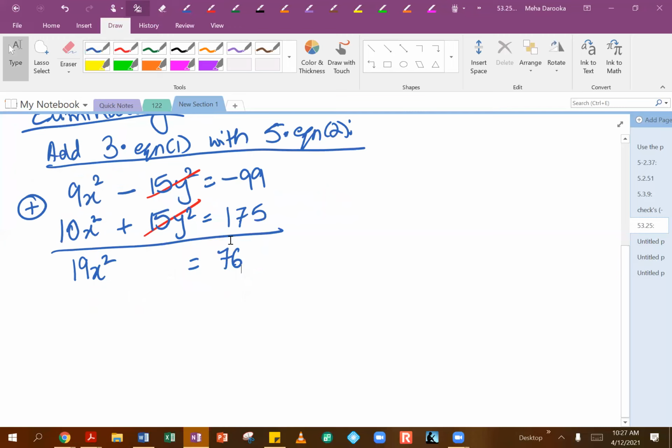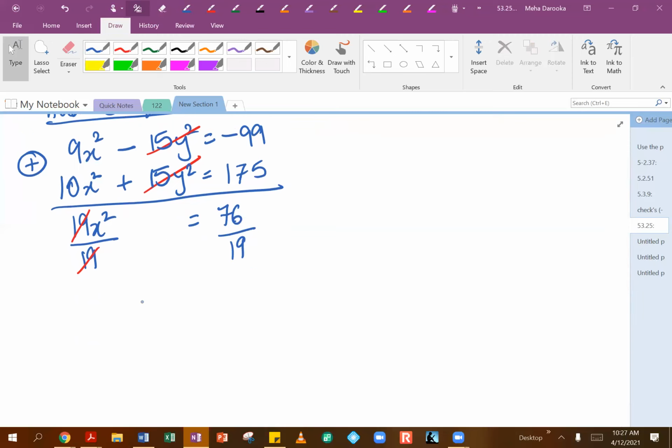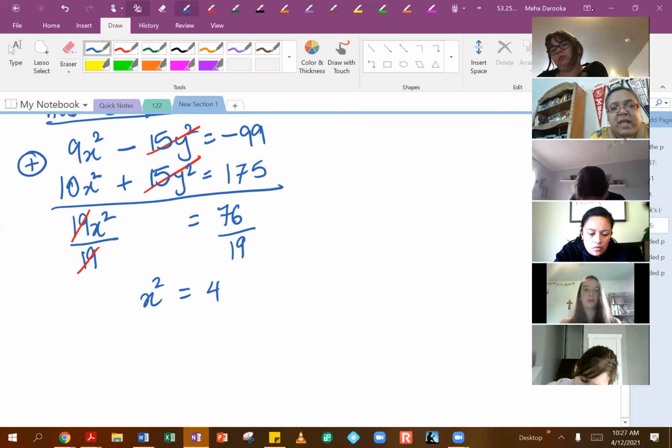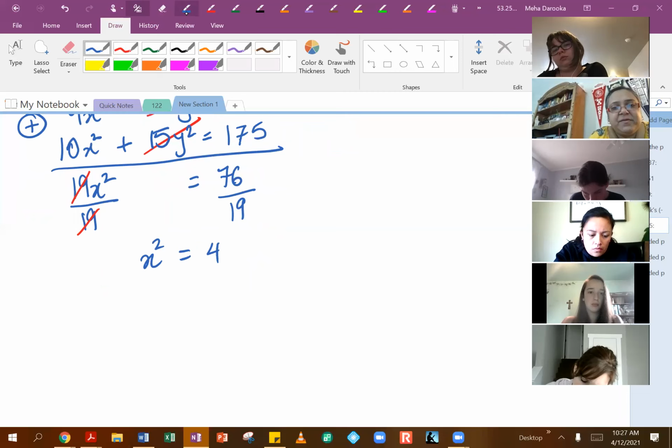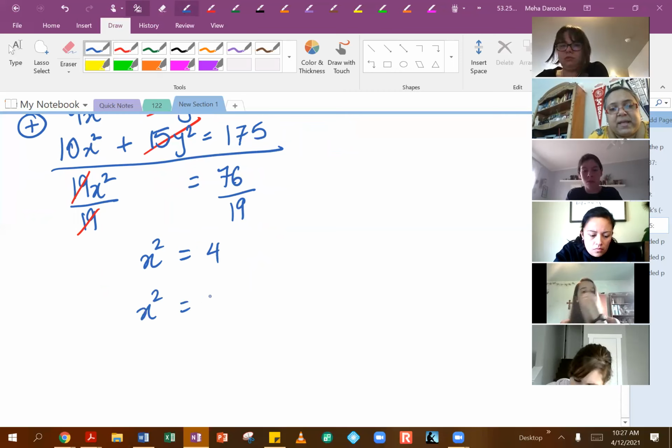Okay, so now is when we want to get x by itself. First of all, we'll start by dividing both sides by 19. This works out good for us because when you divide 76 by 19, we get 4, which we know is a perfect square number. Now that we have to get x by itself, we take a square root on both sides.